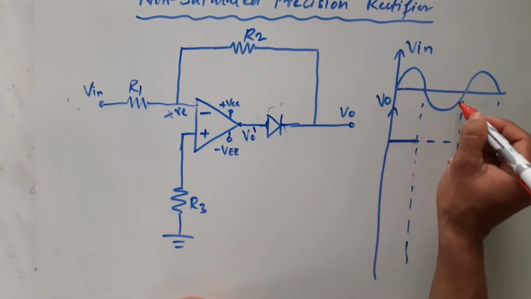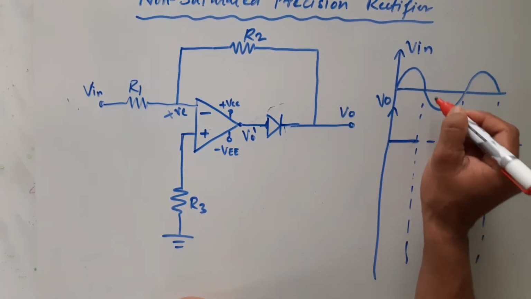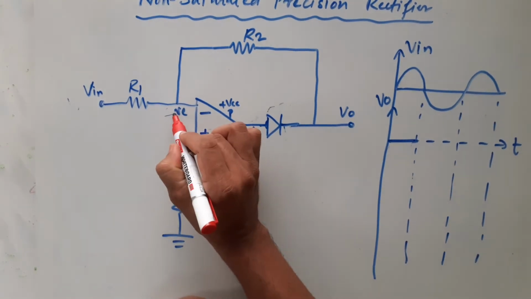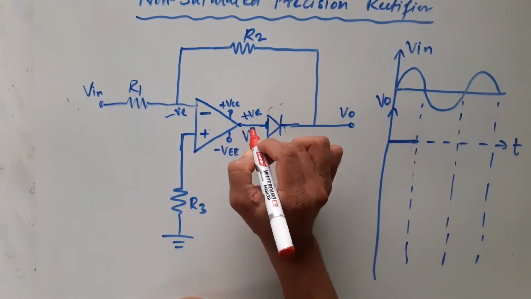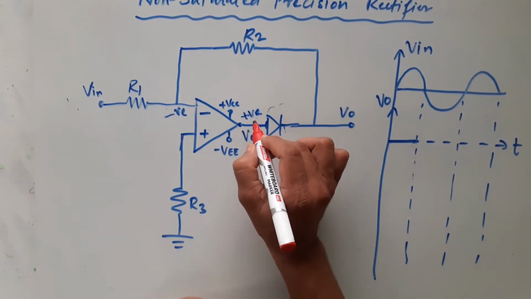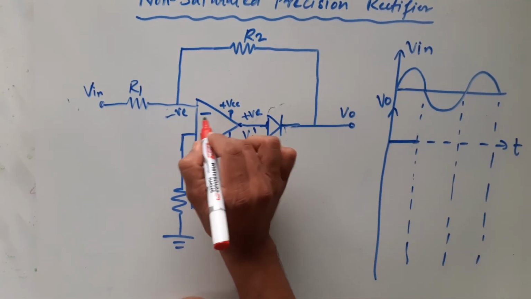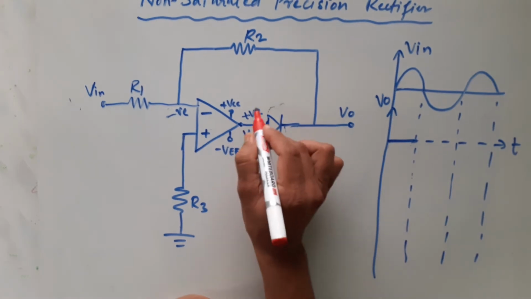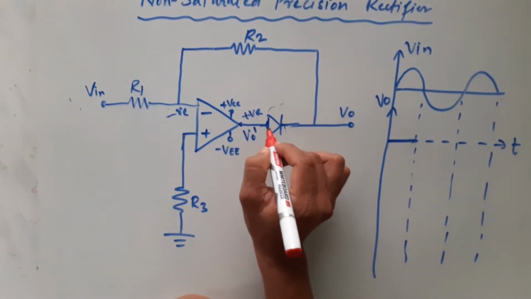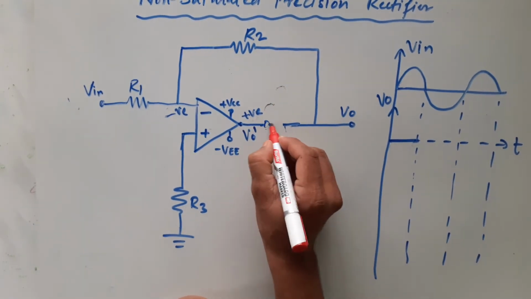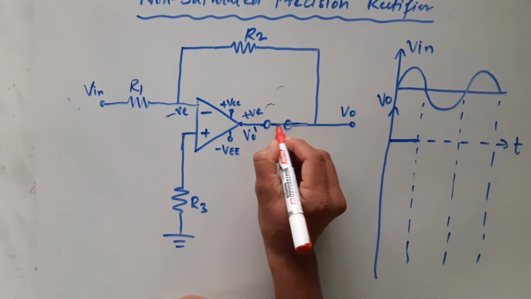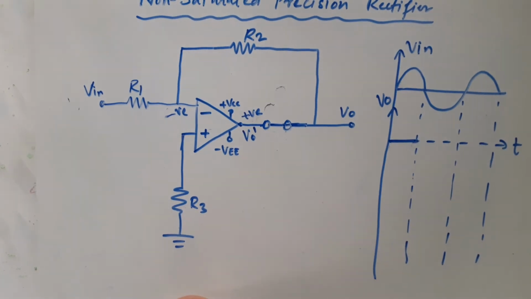Next, when you apply negative half cycle of input, your output is going to be, yes, tell me, positive, isn't it? For negative input, output is going to be positive because you have applied to inverting terminal. So this positive voltage at the anode side of diode will forward bias your diode, and diode will act as a closed switch, right?